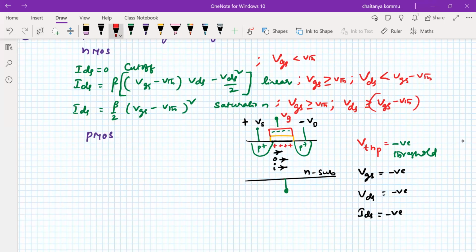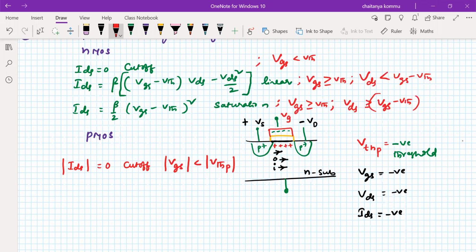So for the PMOS transistor, whatever IDS we talked about, I have to consider the magnitude value, which is equal to 0 under cutoff. Please remember carefully, the magnitude of VGS should be less than the magnitude of VTHP. Actually, VGS is negative and VTHP is also negative, and comparison of negative values is very difficult. That's the reason I use absolute or magnitude values.